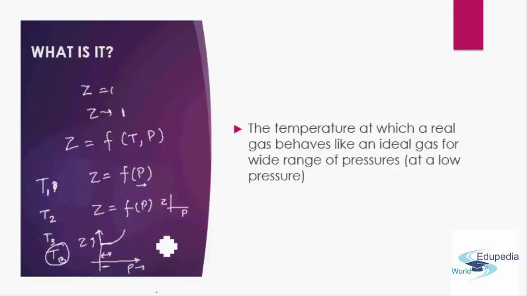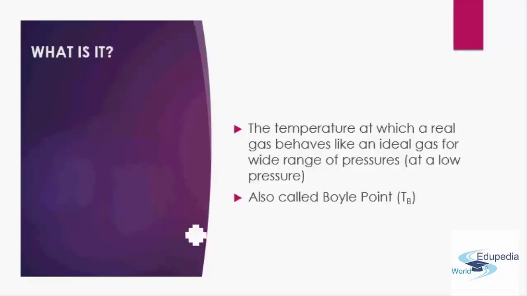So this is what we mean by Boyle's temperature. It is also called Boyle point, and it is usually represented by capital T with a subscript of B. So Boyle's temperature or Boyle point is the temperature at which a real gas behaves like an ideal gas for a wide range of pressure values at low pressures.